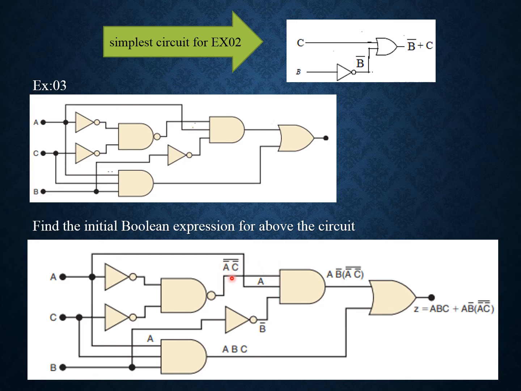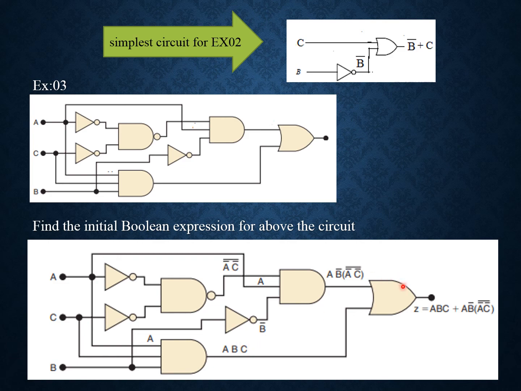One input is the output of this NAND gate. The other one is A. The other input is B bar. Now the output of this AND gate is A dot B bar dot A bar dot C bar bar. The output of this AND gate is A dot B dot C.